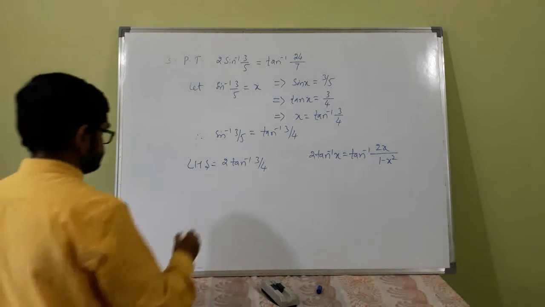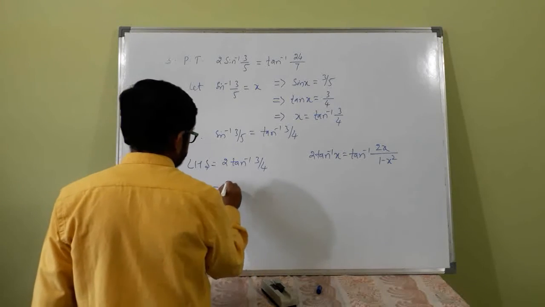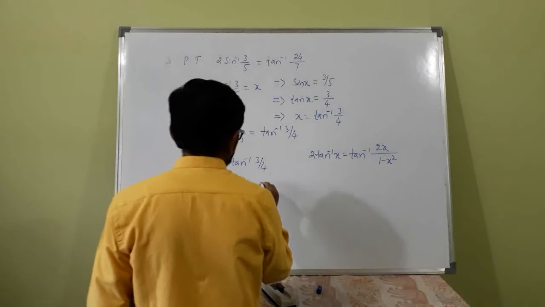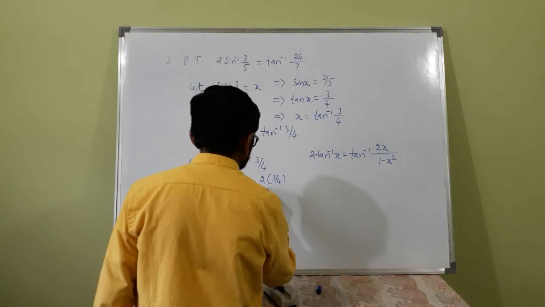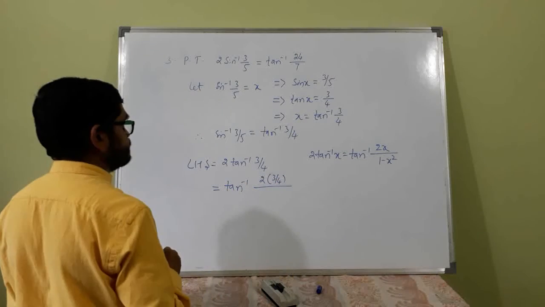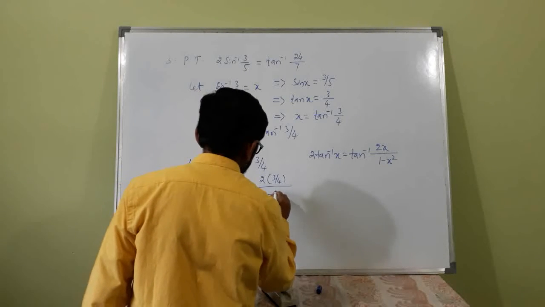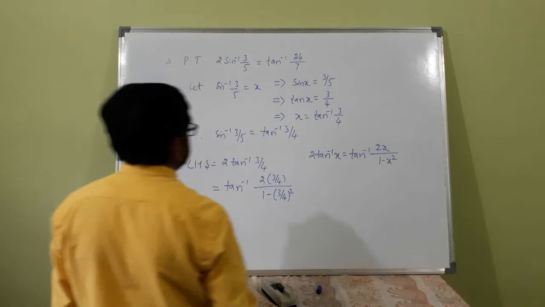Use that. So this is tan inverse of 2 times 3 by 4 divided by 1 minus 3 by 4 squared.